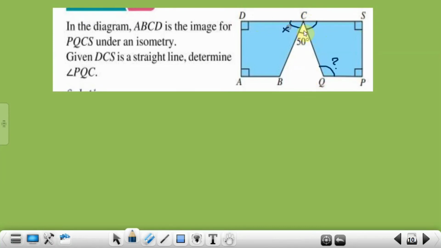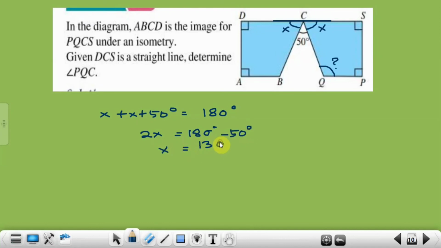So let's say this is x, this will be also x. And this is a straight line, so the summation of angles on a straight line is 180. So 2x plus 50 degrees will equal to 180 degrees. So now we have 2x equal to 180 degrees minus 50 degrees. So x is equal to 130 divided by 2, which is 65 degrees.